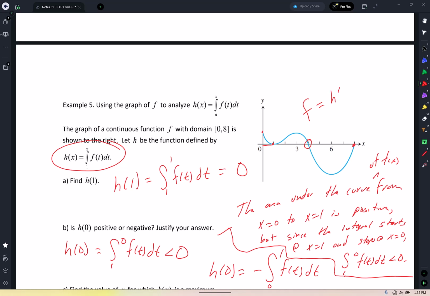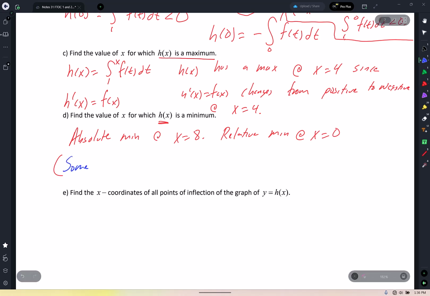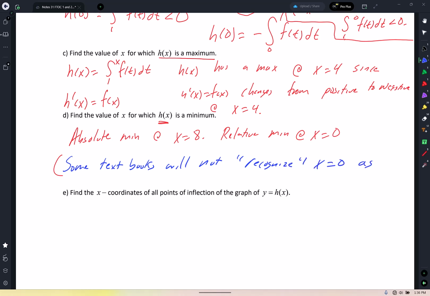So let me write that down. Absolute min at x equals 8. And then I'm going to say relative min at x equals 0. And I'm going to put that some textbooks will not recognize x equals 0 as a relative min.